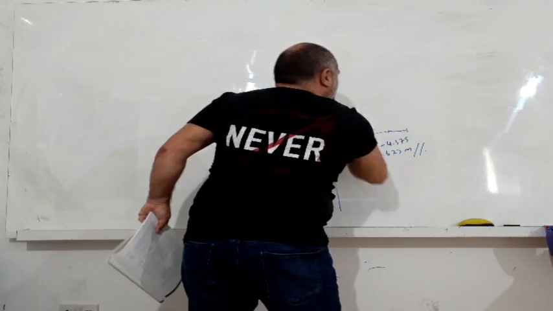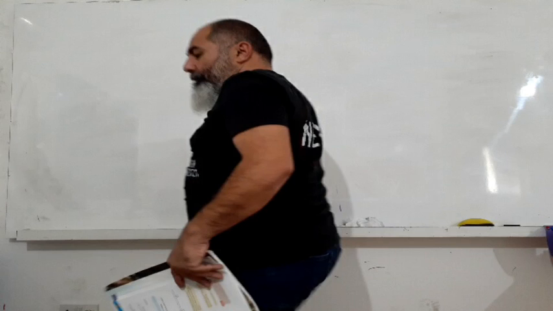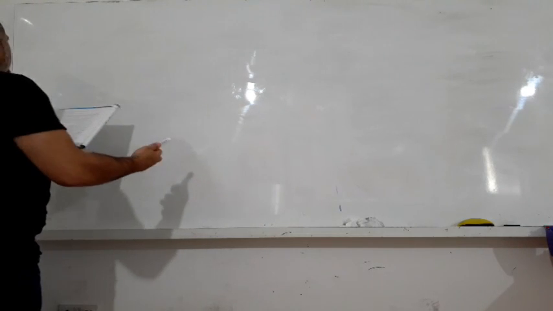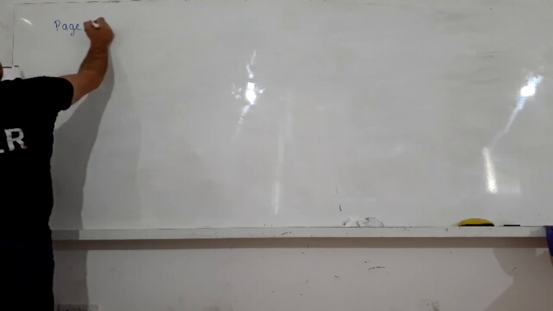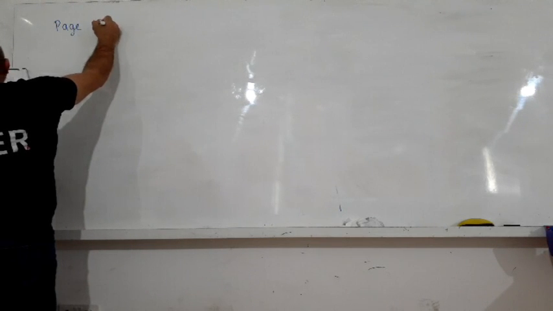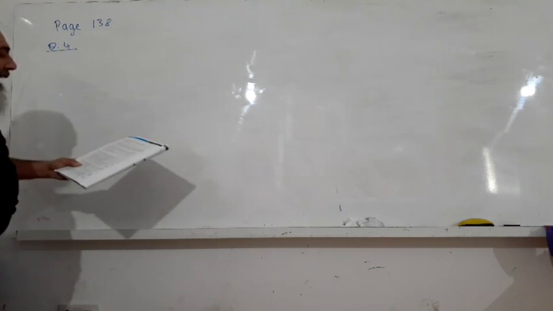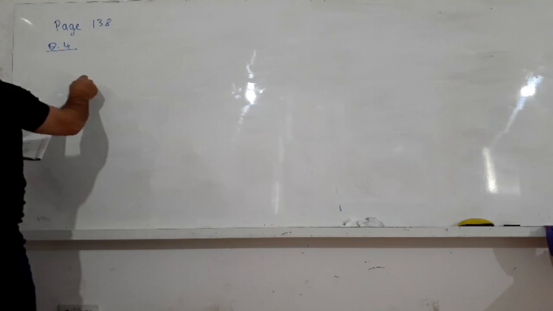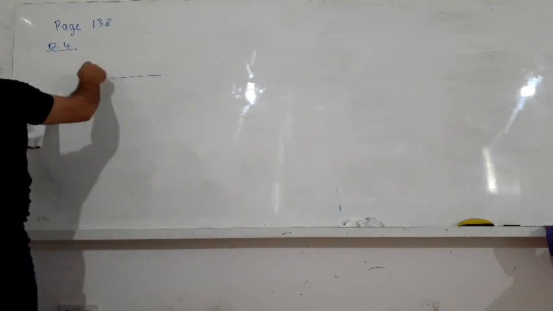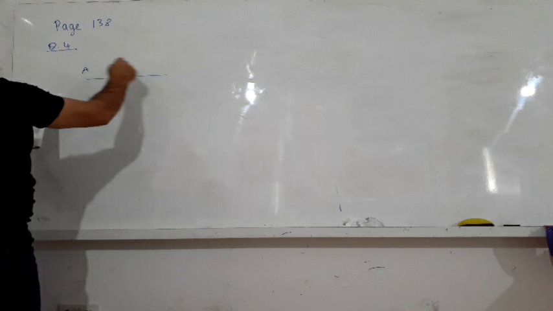Page 138, question 4. A non-uniform rod AB of length 5 meters and mass 15 kilograms.